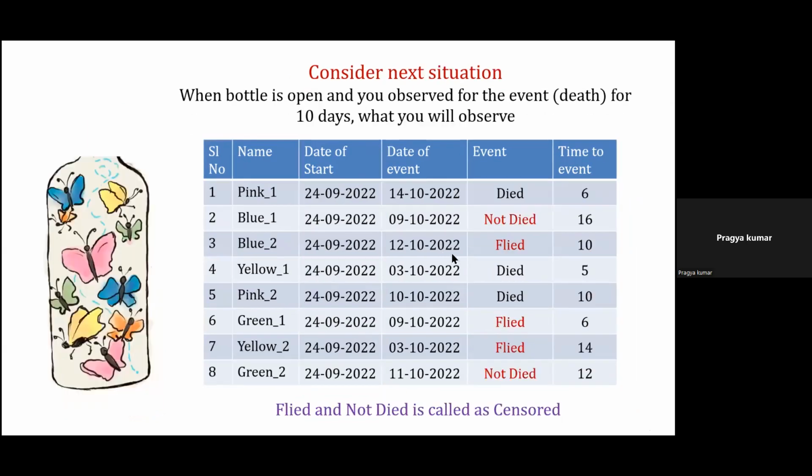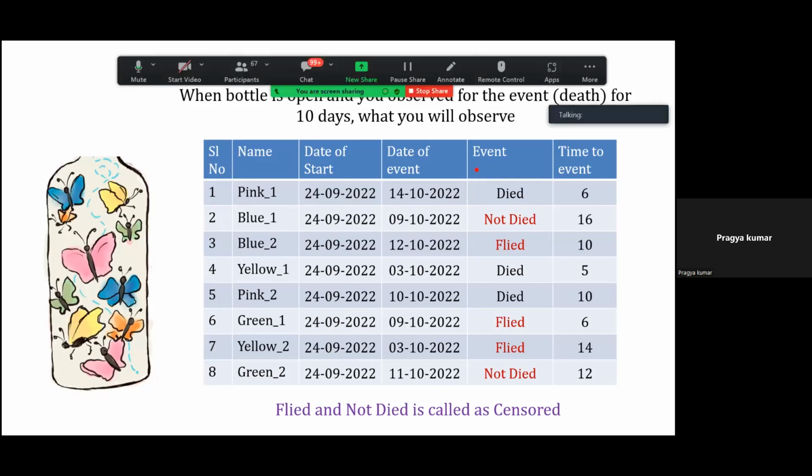another example. This is the same hypothetical example where the start day was the same for everyone. How is it different from the first example? In this case, you can see that now the bottle is open. This is not a closed system anymore. If the bottle is open, there can be a few flies which have flown out of the bottle.